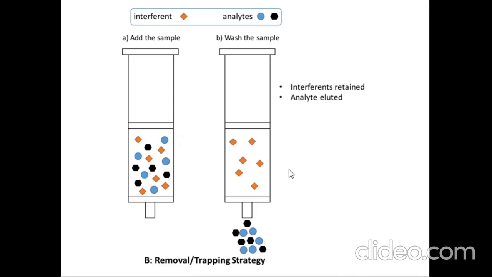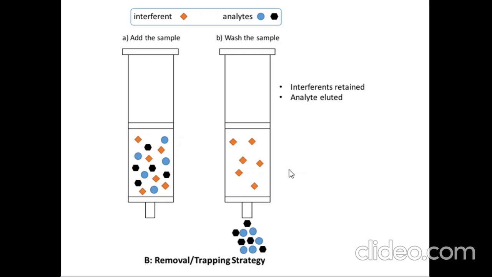Got it? So these are the two important strategies that are used in solid phase extraction. That is the bind and elute strategy, where the analyte or the analytes are retained and subsequently eluted.